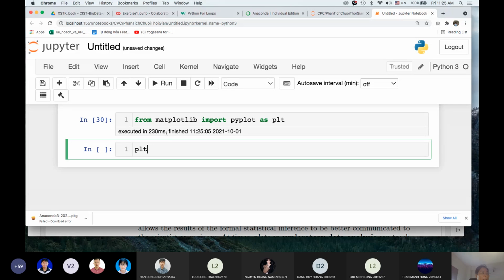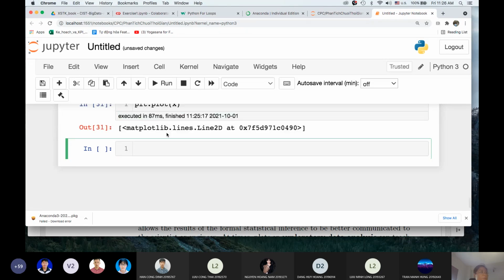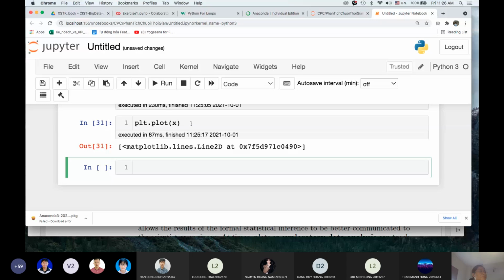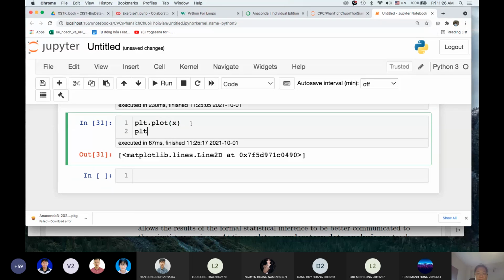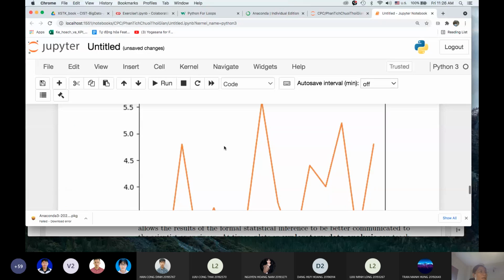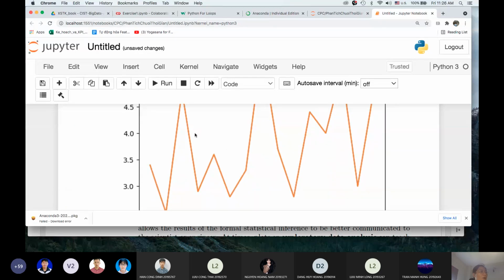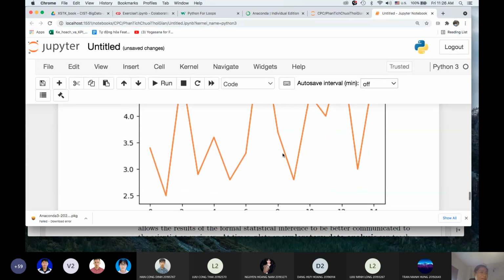We use plt.plot, a dot plot of x. Okay. Here we just draw the xi, the values here, and we call that describing the data.